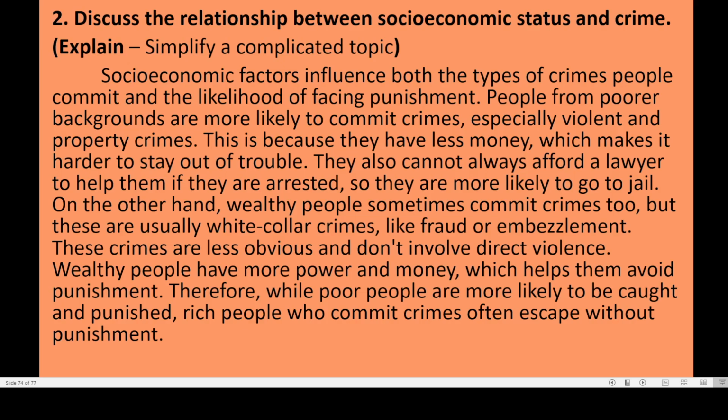But this is not bad. It gives reasons why people from lower socioeconomic groups commit crimes and how they go to jail and prison a lot more, and people from higher socioeconomic groups do not go to jail as much, do not get punished as much.